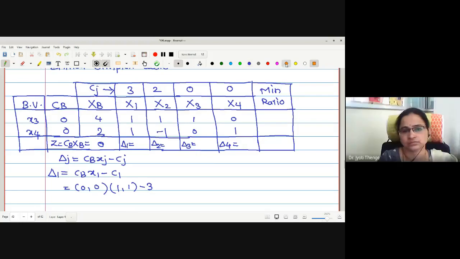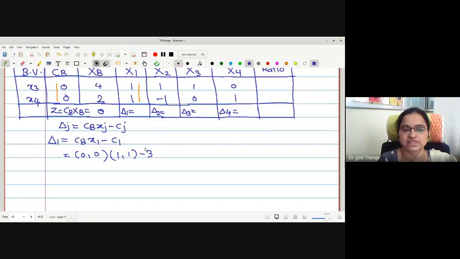Yes, ma'am. Here you have to focus on CB x1 minus C1. Orally one can do 0 into 1, 0; 0 into 1, 0; minus 3. For the first table we were doing the calculations in detail. From the next table onwards we will do it orally. So what is the calculation here? This is 0 plus 0 minus 3.